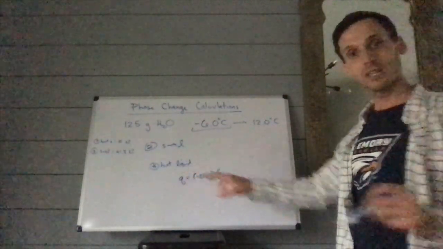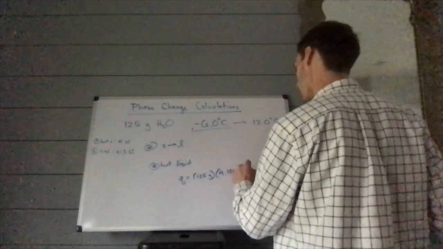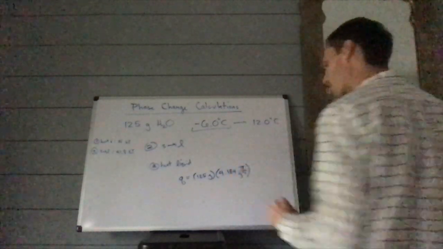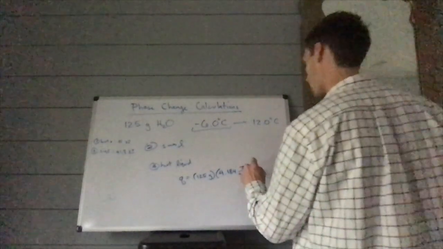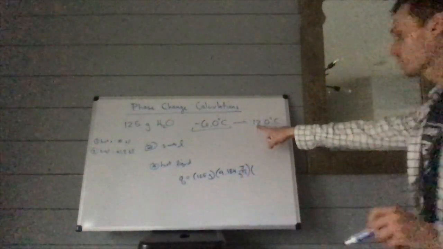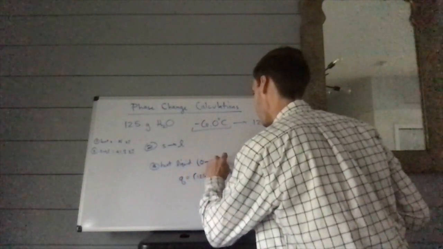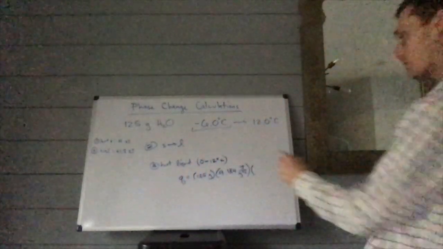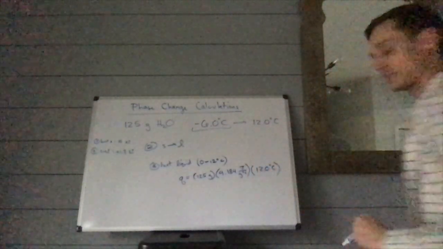Now it's a liquid, so we can use the heat capacity, 4.184 joules per gram degree Celsius, because that's associated with liquid water. And we're trying to get it up in temperature from 0 to 12 degrees Celsius. So our delta T will simply be 12.0 degrees Celsius.